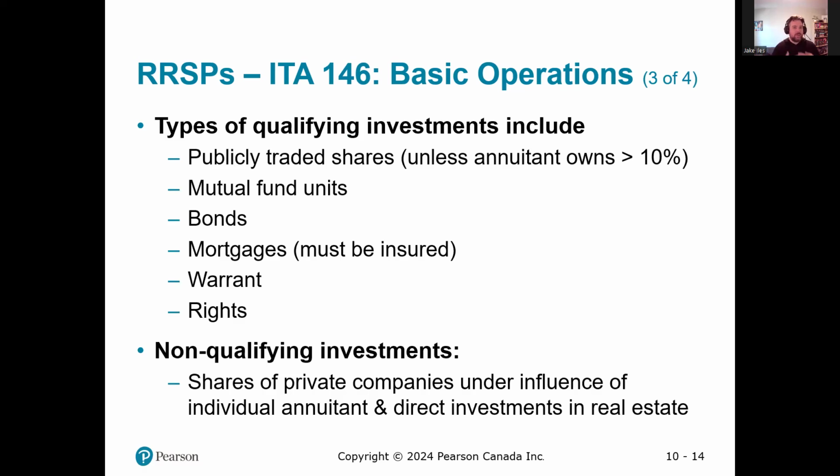So they don't want someone just being like, well, I'm going to put my corporate shares into an RSP, declare $1 million of dividends and not have to pay the taxes. Publicly traded shares, I don't have the control. As long as I own less than 10%, I don't have the control to influence decisions on that part.